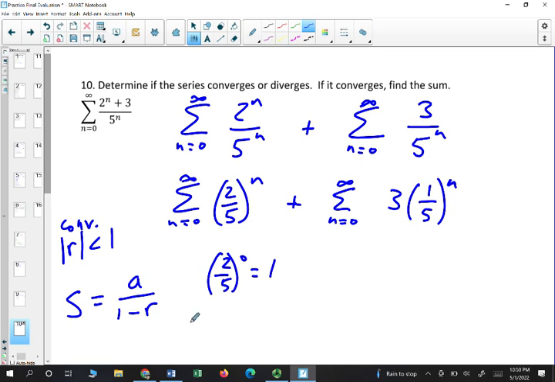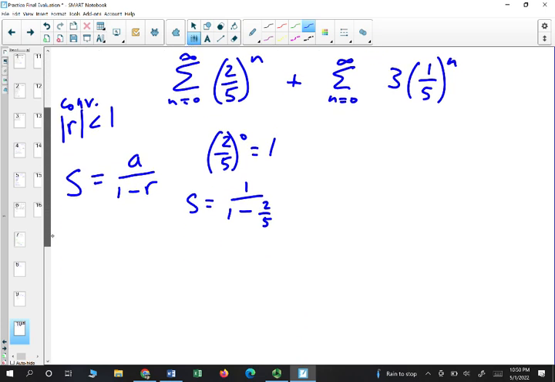And so we would have our sum equal to 1 over 1 minus r, and our r is 2/5. So that gives us 1 over 5/5 minus 2/5 is 3/5. 1 divided by 3/5 would be 5/3.